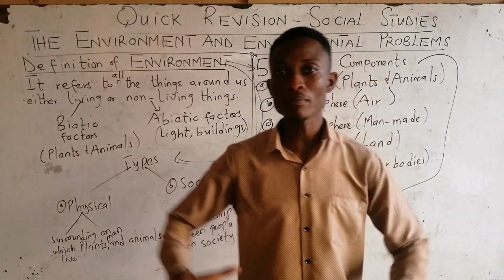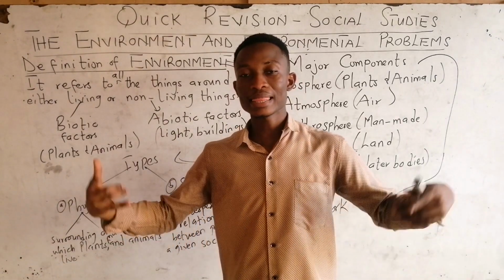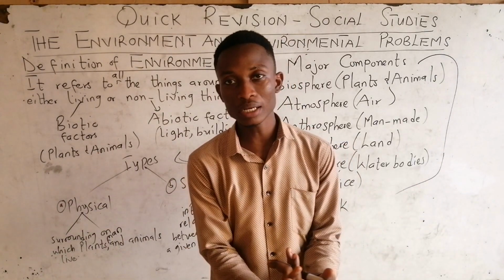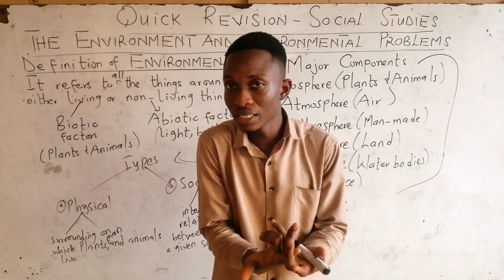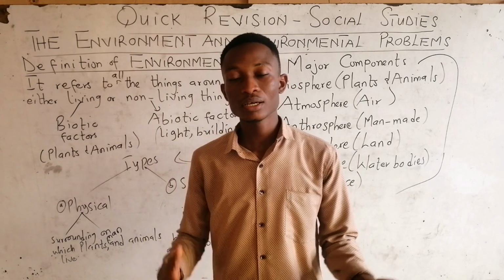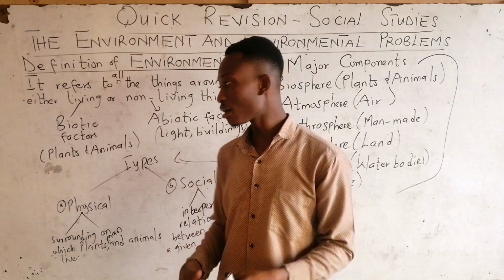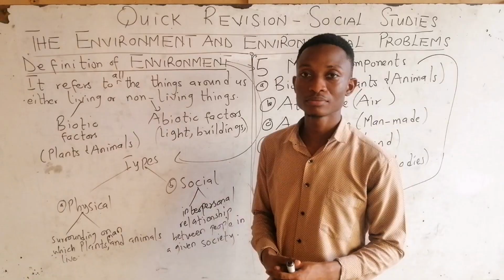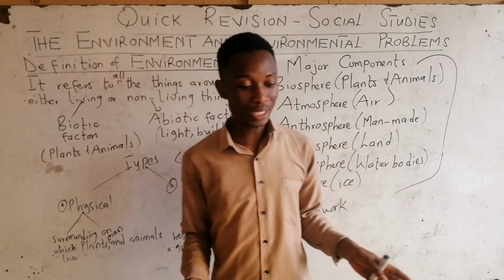What makes them related? Is it family ties? Is it ethnic lines or tribal lines or their ethnicity? Is it their religion? Is it their political affiliations and the like? All these things talk about social environment. So social environment is the type of environment that deals with the interpersonal relationship between people in a given society.